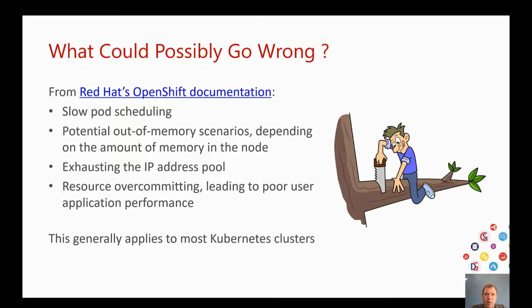I should say it's more of a platform than a distribution, but OpenShift Container Platform is based on Kubernetes. The reason why Red Hat are important is because Red Hat acquired a company called CoreOS, and CoreOS developed some of the key concepts, key components that Kubernetes uses.